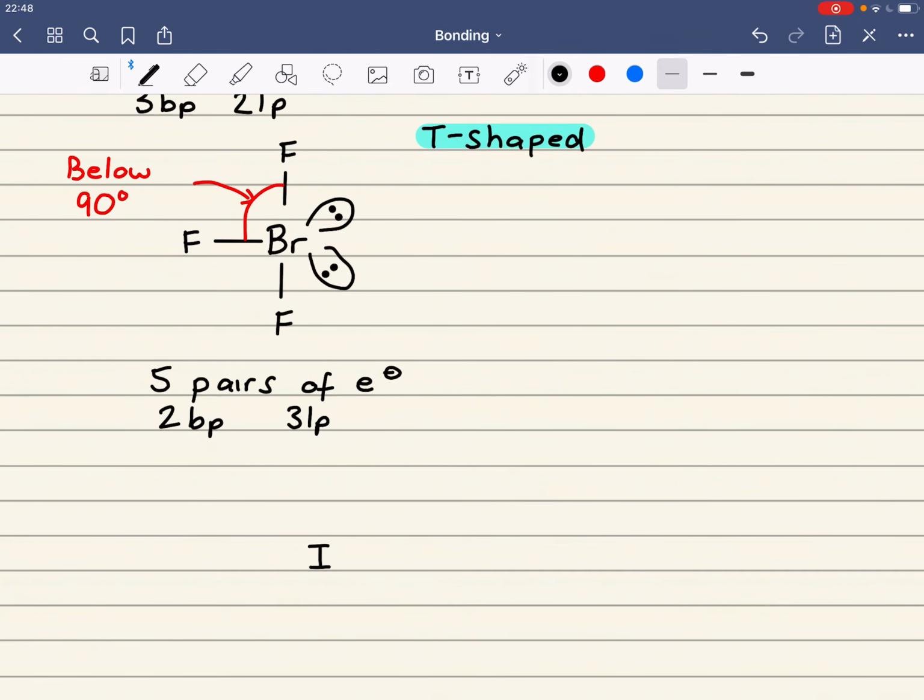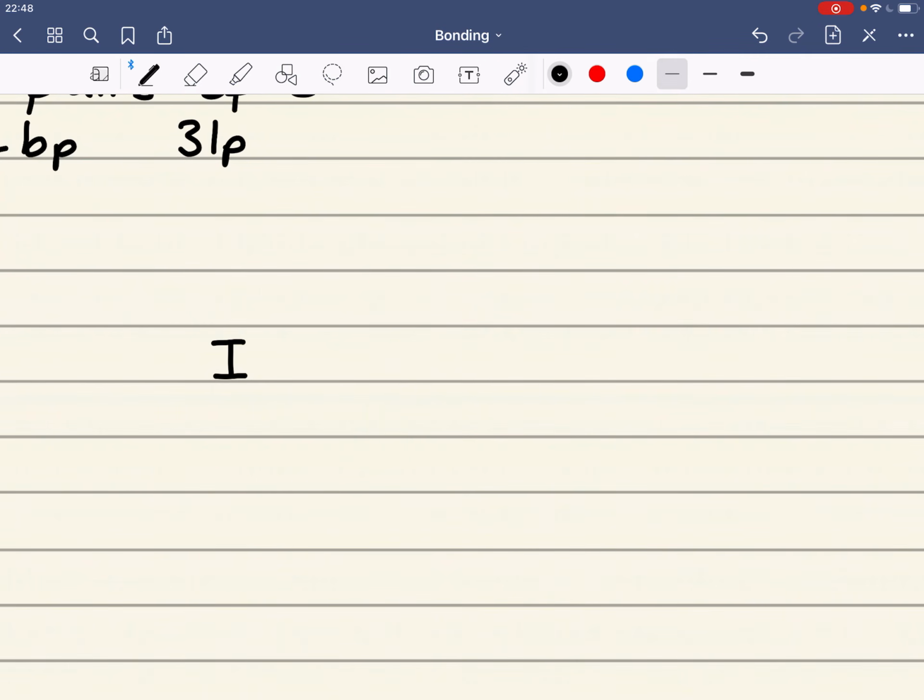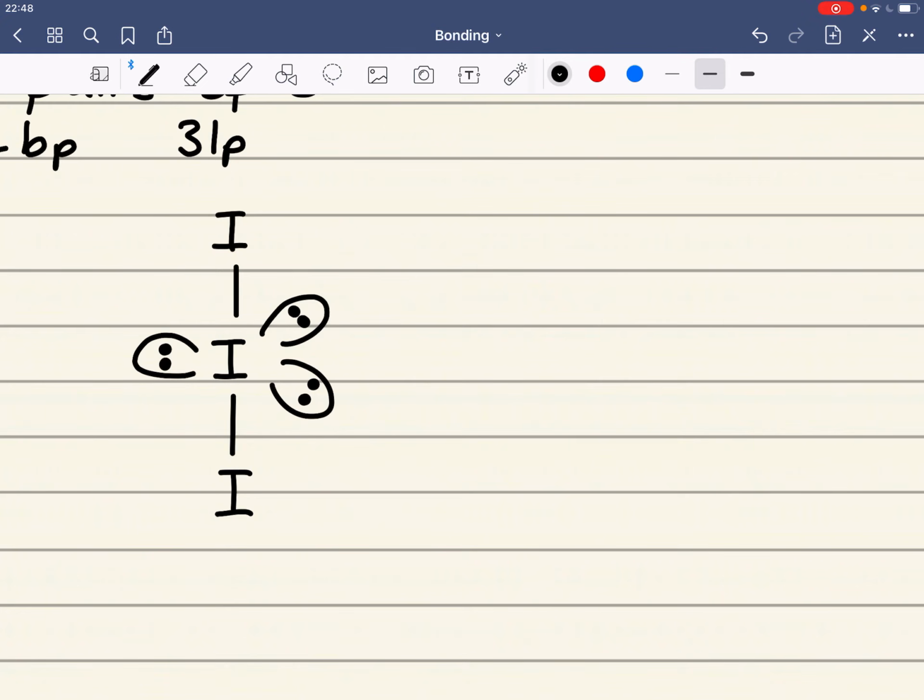And again, it's got to be from the equatorial position. So I've got to remove that bonding pair and replace it with a lone pair. So that gives me 3 lone pairs in equatorial positions, and my 2 bonding pairs are in the axial position. As I said, this would be in an I3 minus ion.